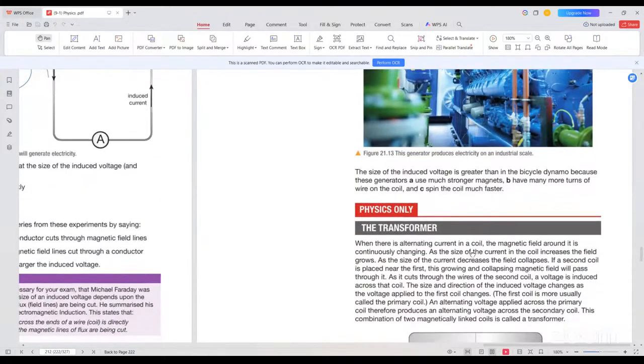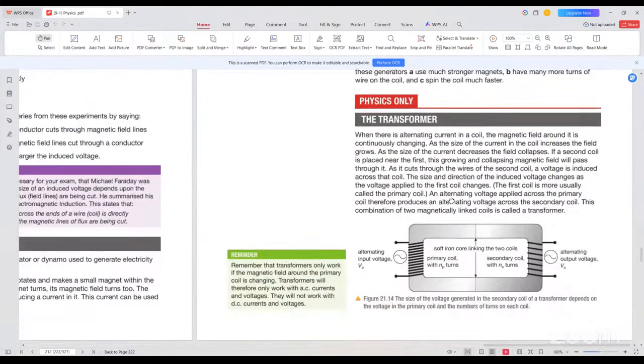And when it comes to the transformer, a transformer is something that we use to change the voltage, right? I'll use a different shared screen.